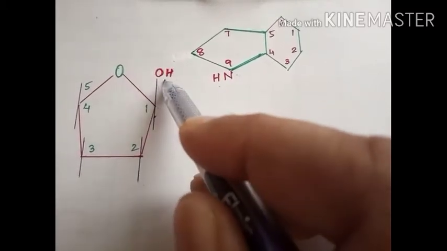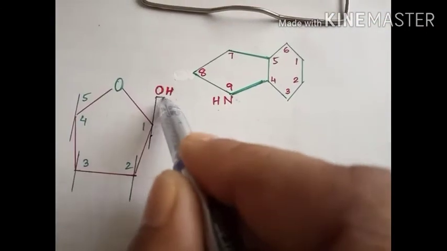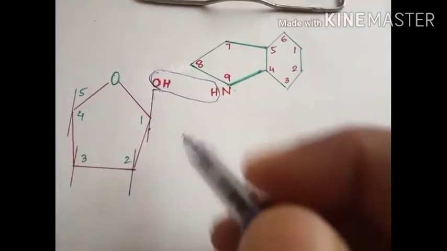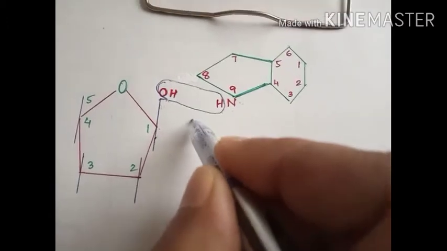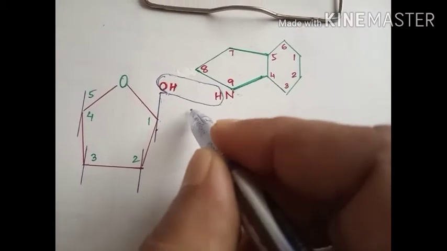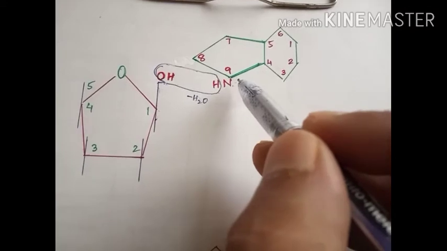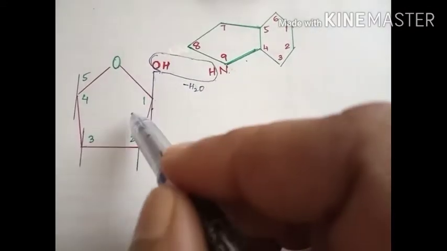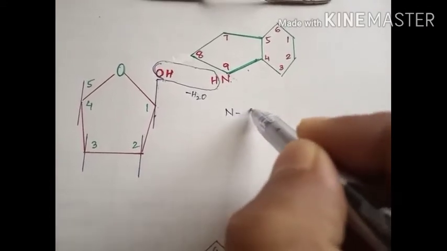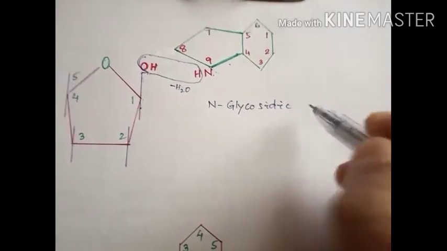So here it condenses and forms the bond by the removal of water, and the bond which is formed between the nitrogenous base and the pentose sugar is called N-glycosidic bond.